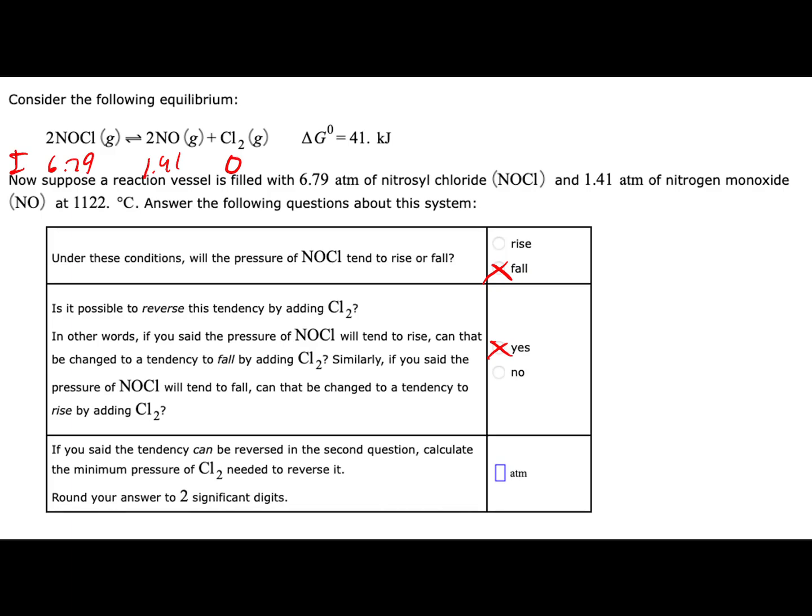Last question. If you said the tendency can be reversed in the second question, which we did, calculate the minimum pressure of Cl2 needed to reverse it. Round your answer to 2 significant figures. We have to do this calculation, and we're going to need some more room.